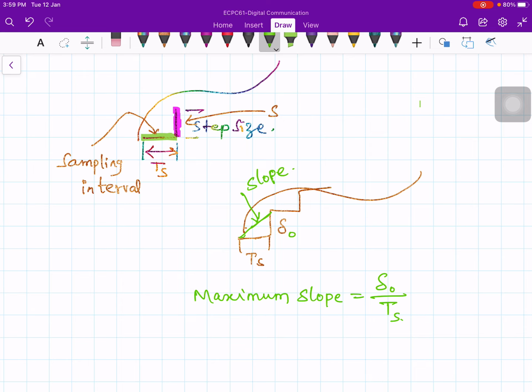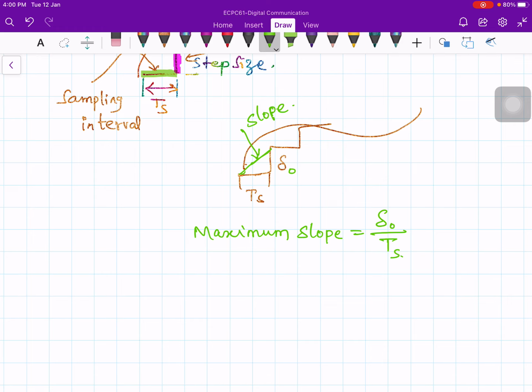So the maximum value of the slope is delta naught by Ts, where delta naught is the step size, and the step size depends on the amplitude of the impulses that are going out, that is, the strength of the impulses.